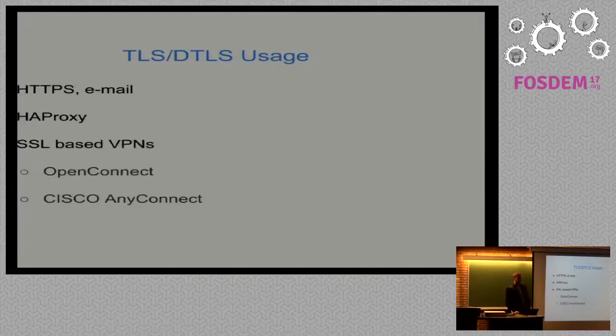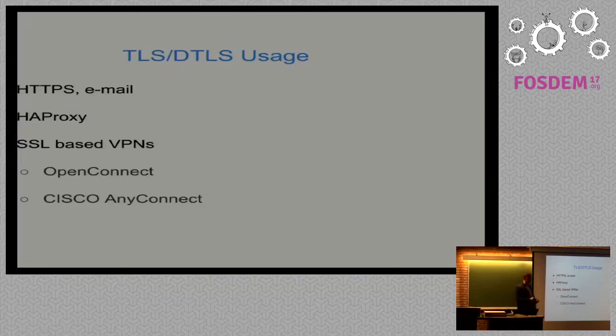You can find many usages of TLS and DTLS. For example, HTTPS, that is protocol HTTP secured, so no one sees your communication. It's also used in email. Probably less known usages are, for example, HA proxy, that is high availability proxy, that is a load balancer for HTTPS communications. You can also find usages in SSL-based VPNs.